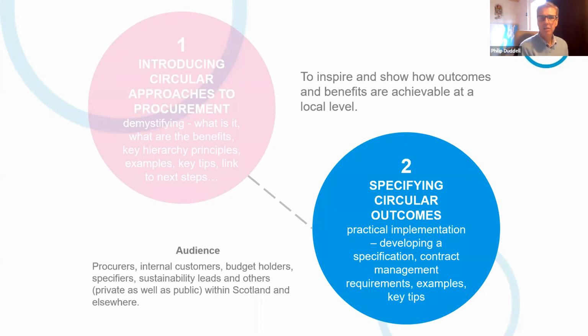An important stage to consider the opportunities and the benefits that could arise from applying a circular approach to procurement needs to take place as early as you possibly can, and therefore needs to involve relevant stakeholders, commissioners, specifiers, budget holders, heads of planning, whoever it may be, so that you're giving yourself the opportunity to identify and capture the opportunities that are available from this approach.